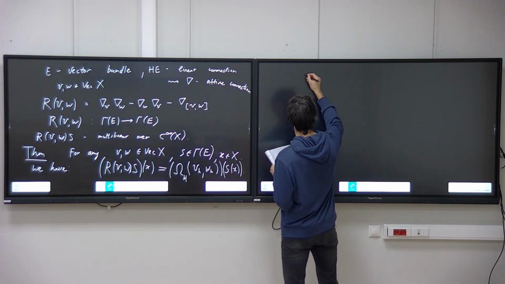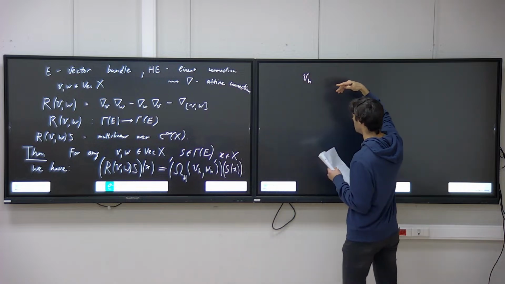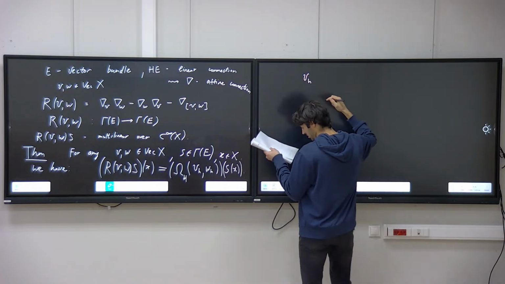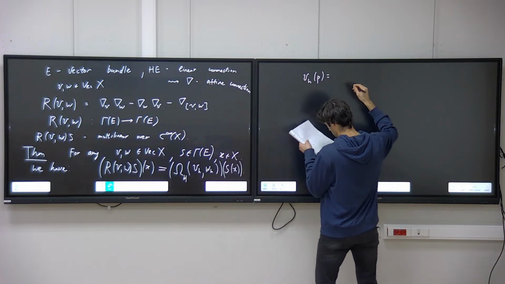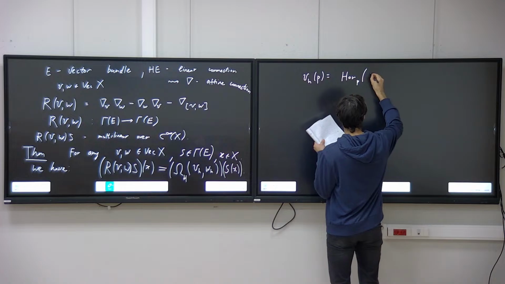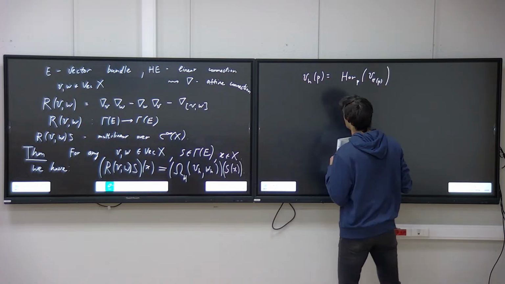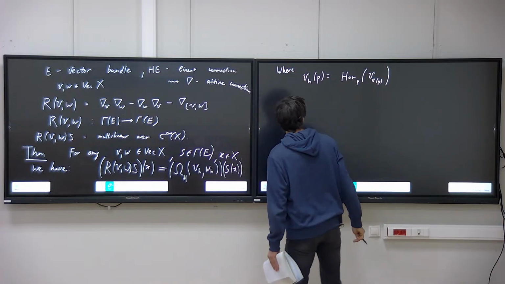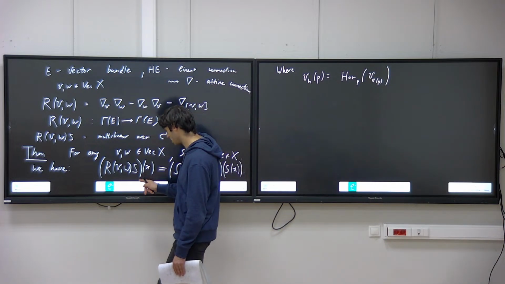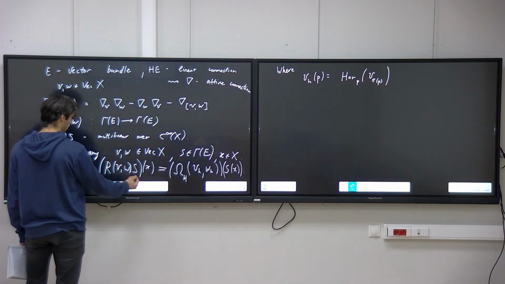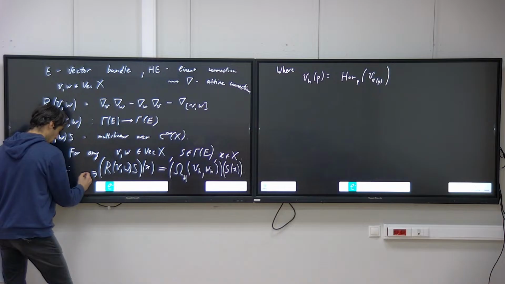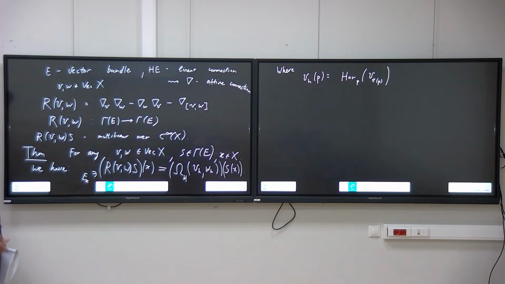V^H is defined as the horizontal lift of a given vector, a point-wise horizontal lift of V. So V^H at P is by definition the horizontal lift at the point P of V at pi of P. On the left-hand side, this is a section of E evaluated at the point, so this actually belongs to the fiber E_X, which is a vector space.